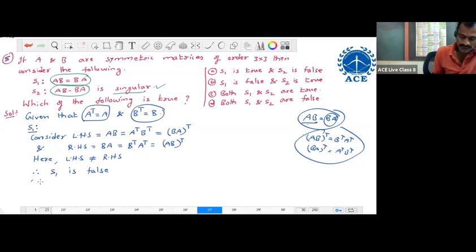Next, S2. From the previous problem, directly we can say AB minus BA is a singular matrix.